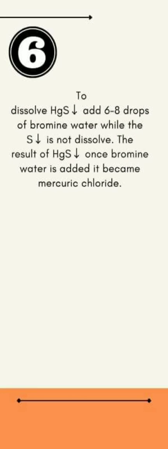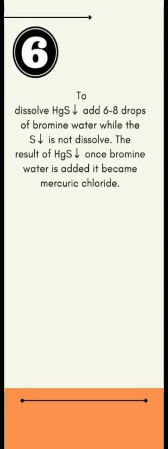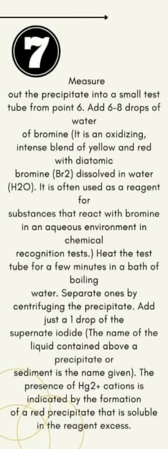Step number 6. To dissolve the mercuric sulfide precipitate, add 6 to 8 drops of bromine water, where the sulfur precipitate is not dissolved. The mercuric sulfide precipitate, once bromine water is added, becomes mercuric chloride. Step number 7. Measure out the precipitate into a small test tube and add 6 to 8 drops of bromine water.